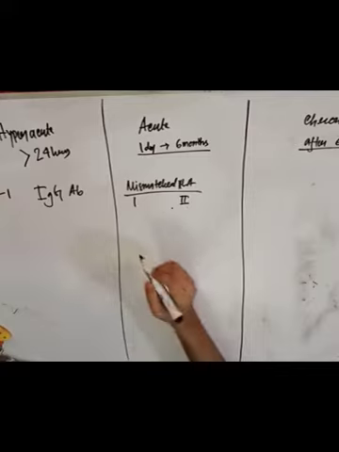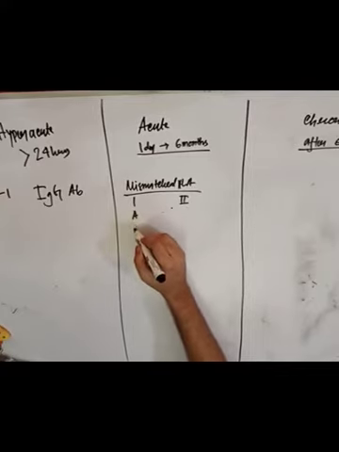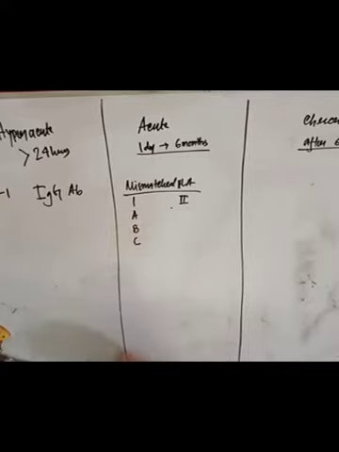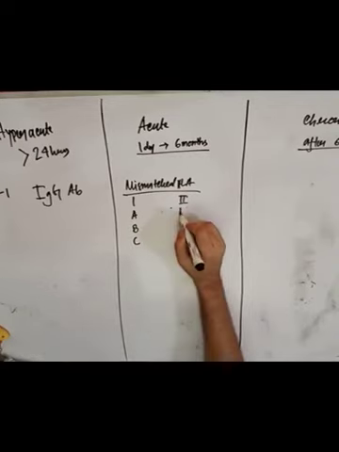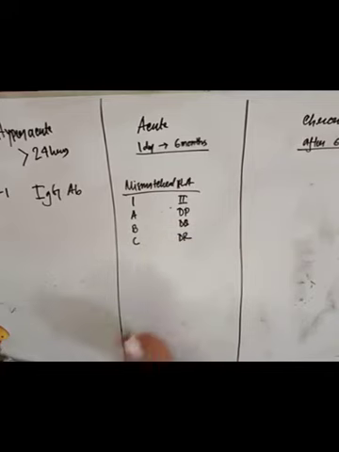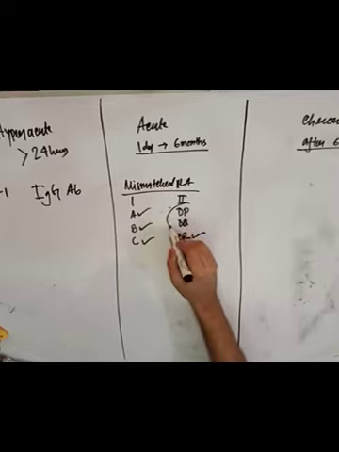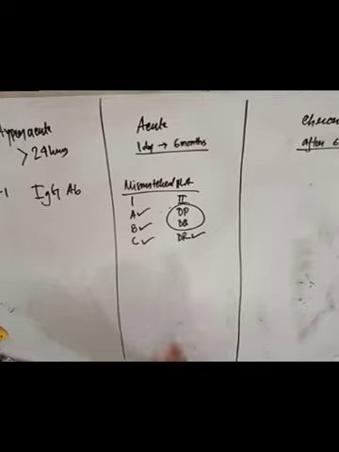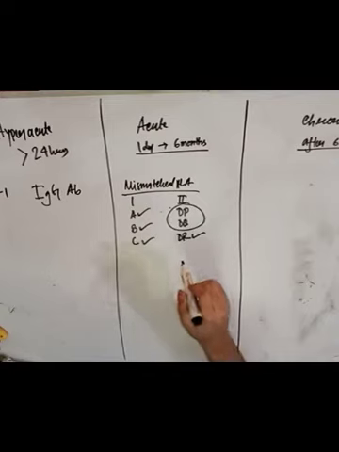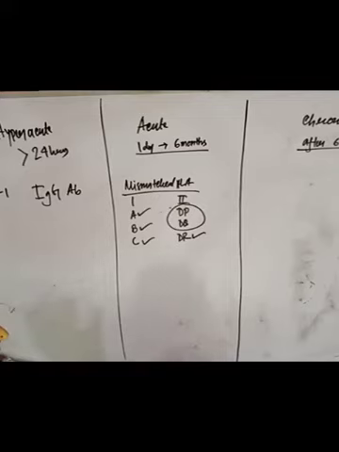Type 1 has three types of genes, A, B, and C. And type 2 is DP, DQ, and DR. In HLA typing, the A, B, C, and DR are matched, but DP and DQ are not matched. If a person has 8 matching HLAs, that is A, B, C, and DR, it is said that the person will not have a graft rejection, but that is not always true because an acute rejection can also take place.